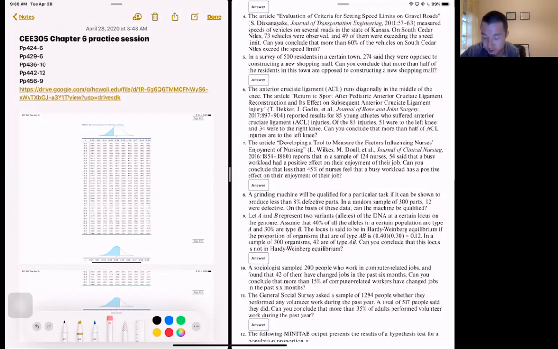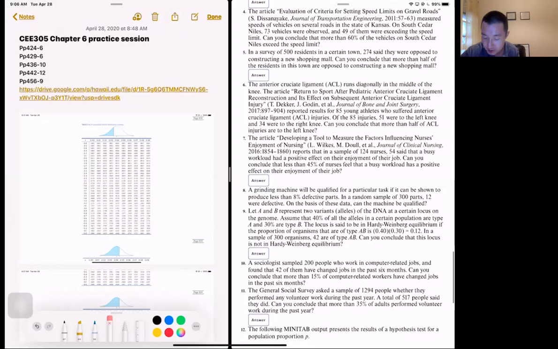Out of these 85 injuries, 51 were to the left knee and 34 to the right knee. So can you conclude that more than half of ACL injuries are to the left knee?